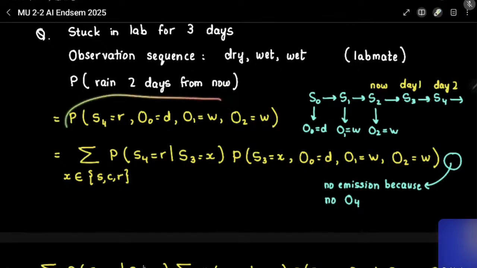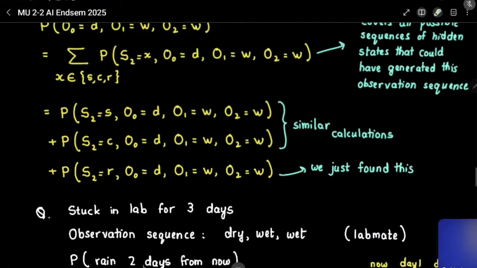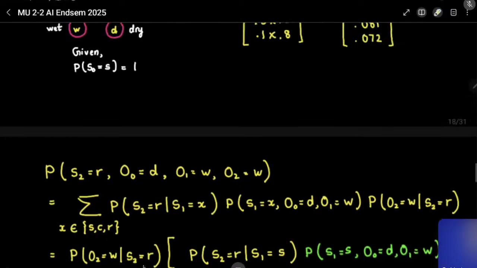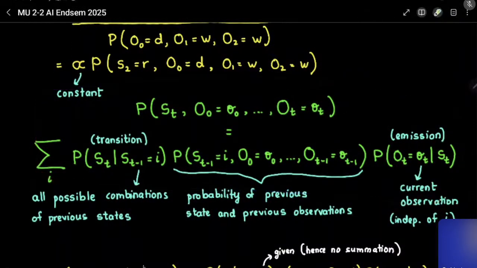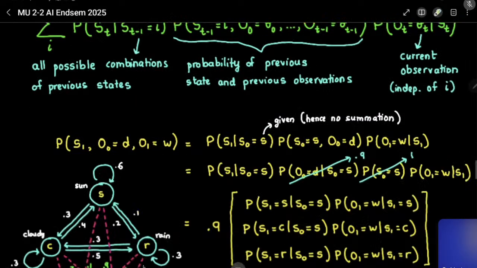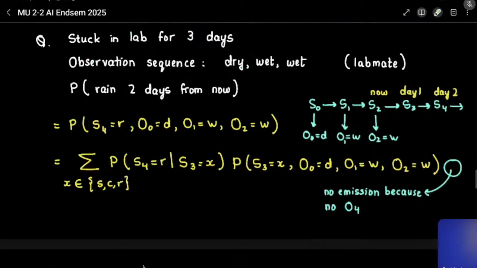So here we can apply the green color formula. So we will be splitting this probability, right? So how does the green formula work? Since you have S4 equal to R, you'll have to introduce S3 somewhere. So you'll be transitioning from S3 to S4. But since S3 is not mentioned originally, S3 could take any value.